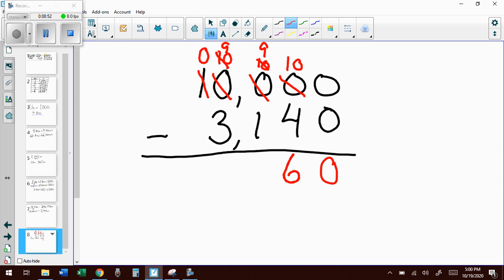That equals 6. 9 minus 1, I can do that. That equals 8. 9 minus 3, I can do that. That equals 6. 0 minus nothing is nothing. I don't need to put anything there. But I can't forget my comma and my label.